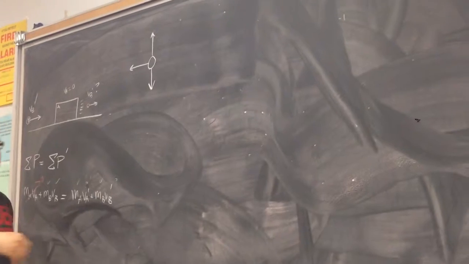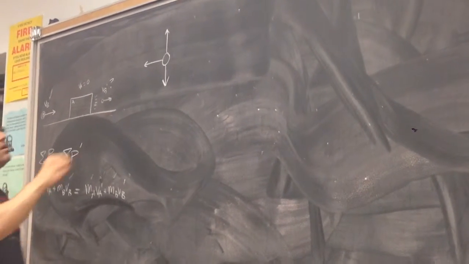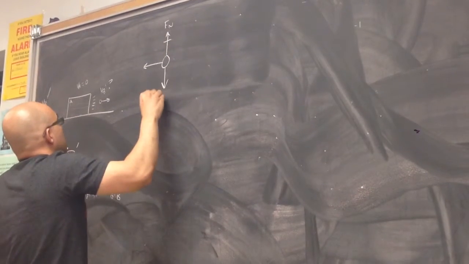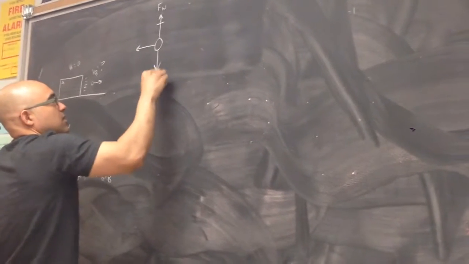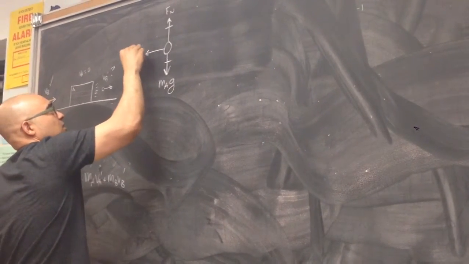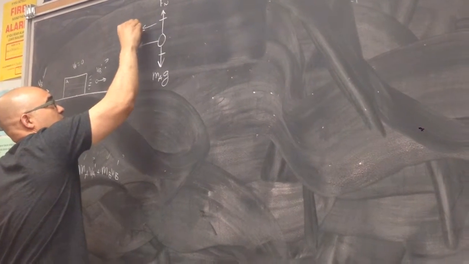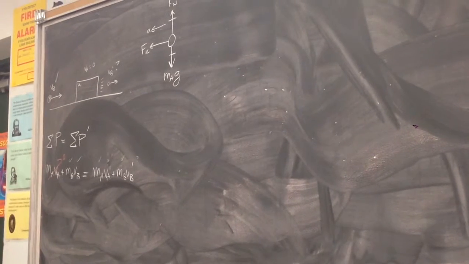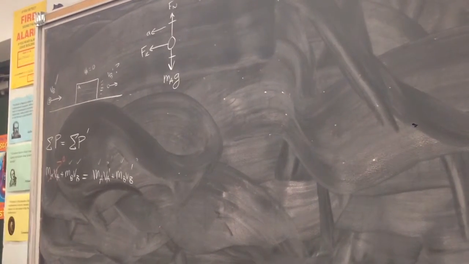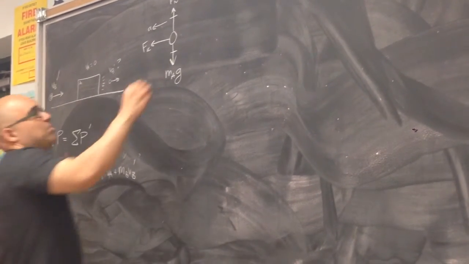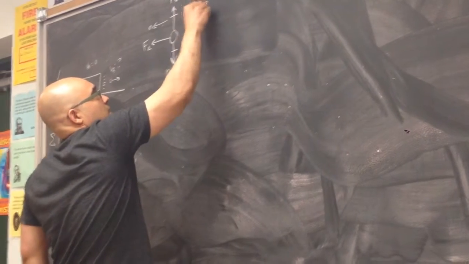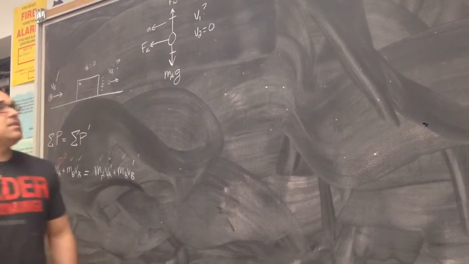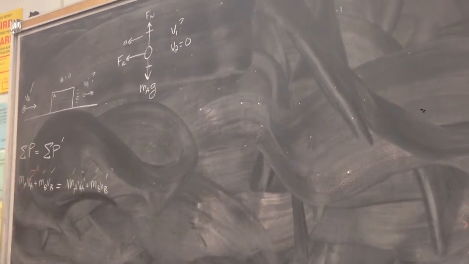The only forces acting on it after the bullet exits would be the weight, the normal force, and the force of kinetic friction, causing this acceleration. Let's say we have to find the initial velocity of this brick, which we'll call v1. And we know that it comes to rest over a distance.